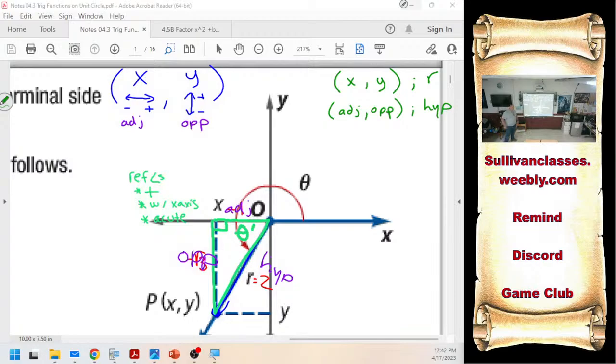This is going to allow me to translate just basic right triangle trig into a location. Now I can take what I know about triangles and start to use it in terms of direction, in terms of magnitude, if you remember hearing about vectors before.